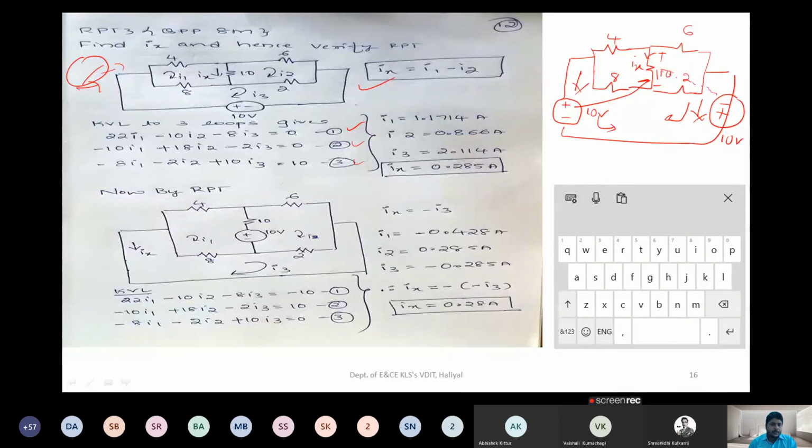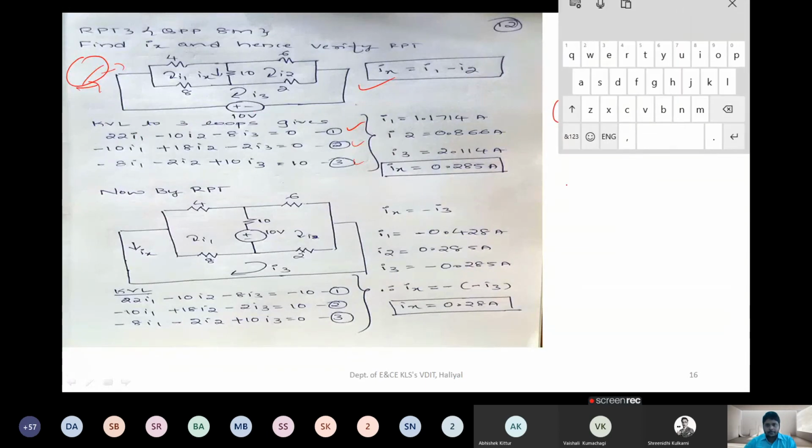See, while substituting these equations in the calculator, better follow this method in the examination. Put a box, put these things. What are the constant values here?